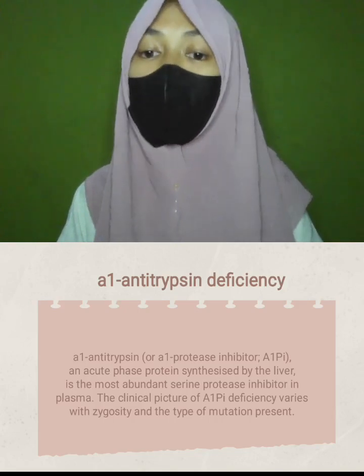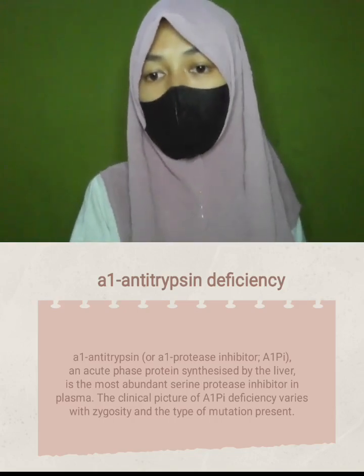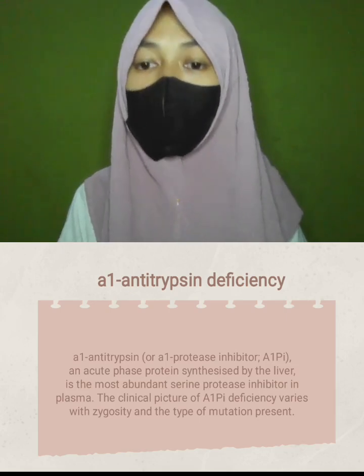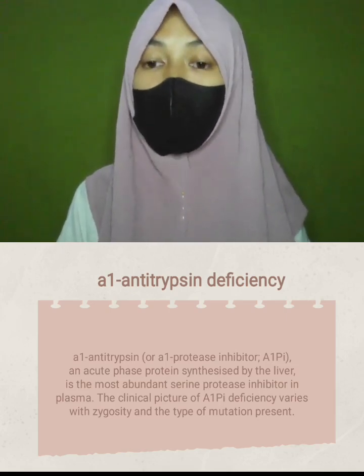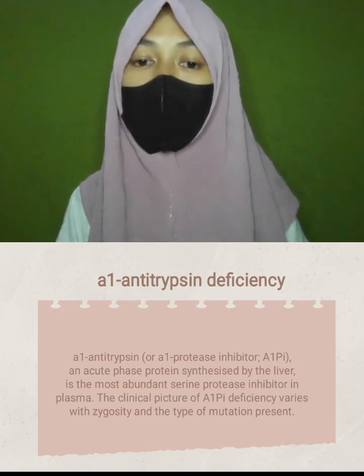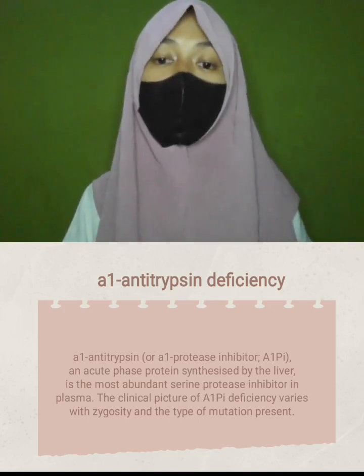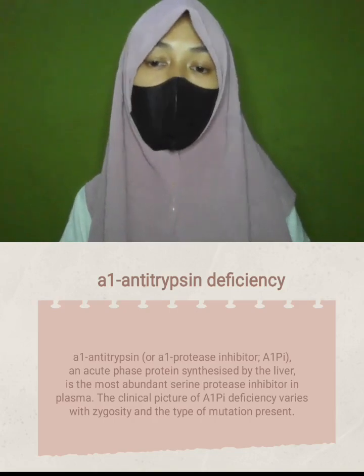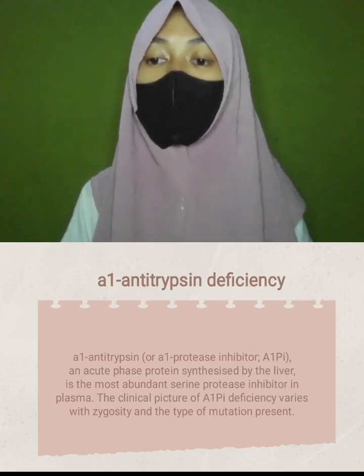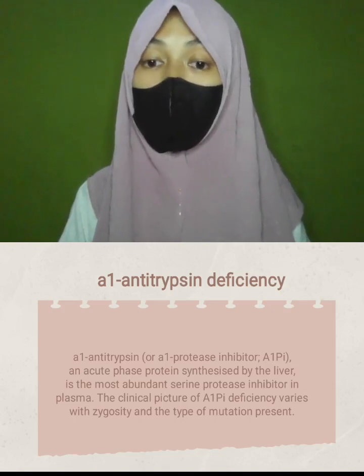These individuals are at risk for bronchiectasis and pulmonary emphysema due to the unopposed proteolytic activity of neutrophil elastase in the lung, kung saan naglilid ito ng chronic tissue destruction. Certain other mutations lead to a change of function of the A1PI molecule.